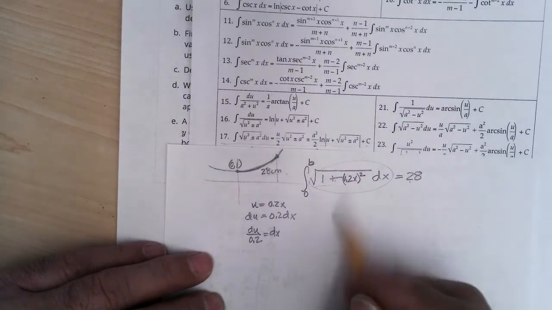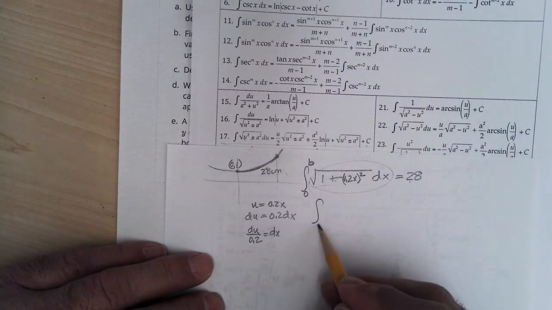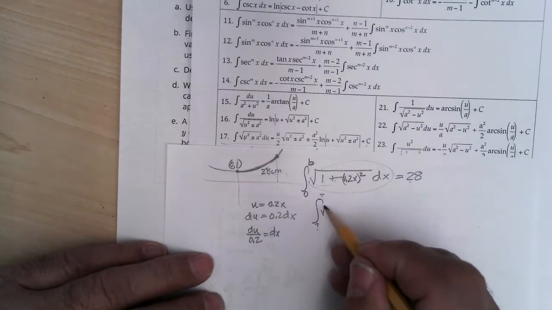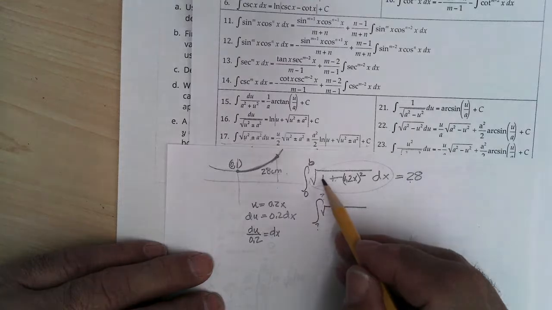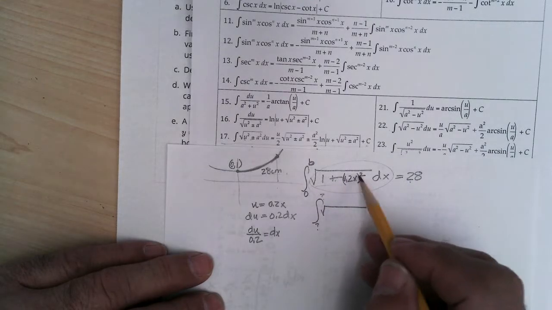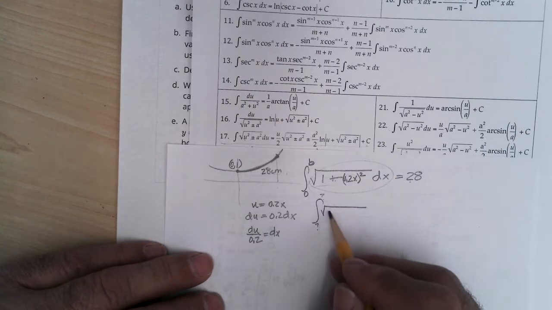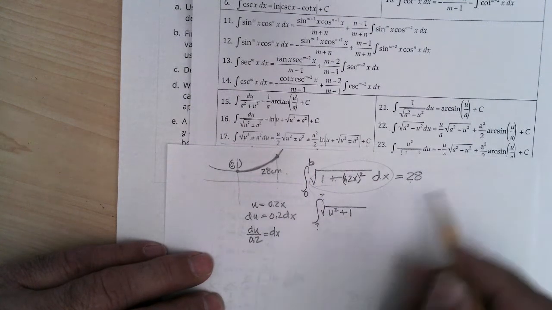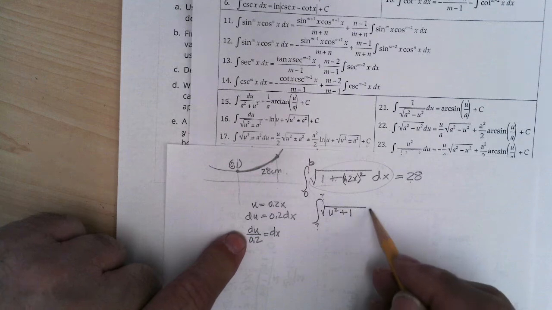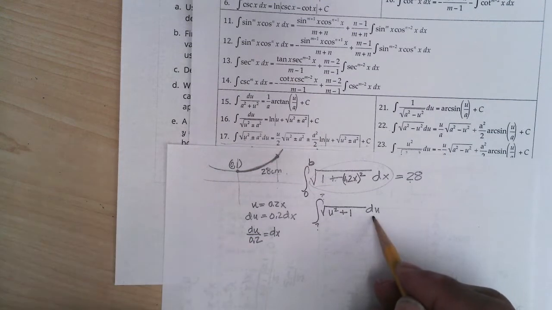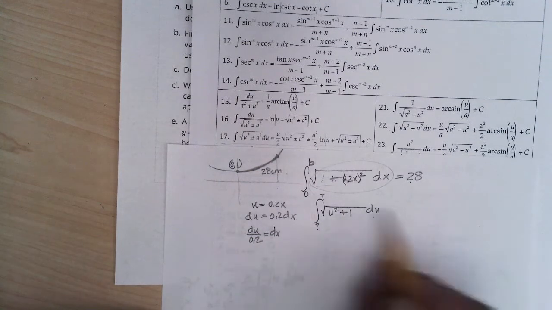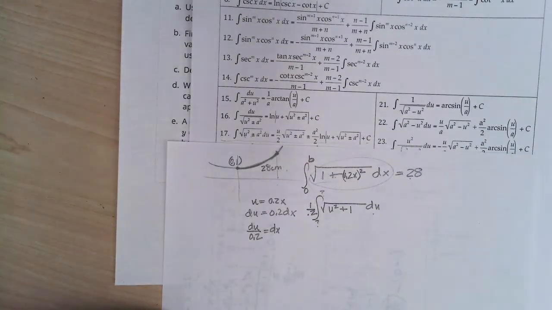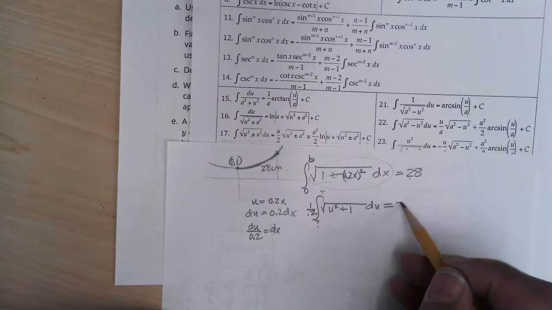So this integral will change to new limits, don't know what they are, of the square root of 1 plus x squared, or u squared, but I can go the other way around, u squared plus 1, and dx is du over 0.2, which I can put out here. And I want this to equal 28.